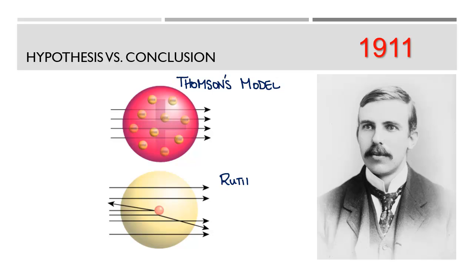Instead, he discovered that atoms had very, very, very small, very hard, dense centers. And these we will come to call the nucleus. And this small, dense, hard center has a positive charge. So Rutherford is really credited for pretty much discovering the nucleus and discovering that it had a positive charge.